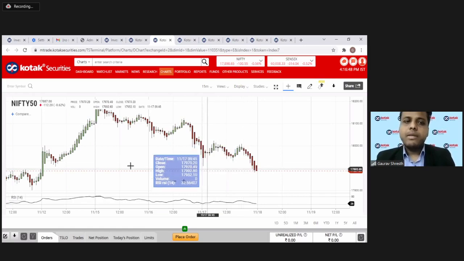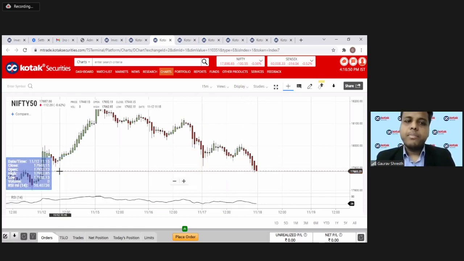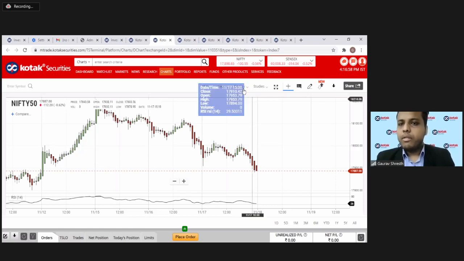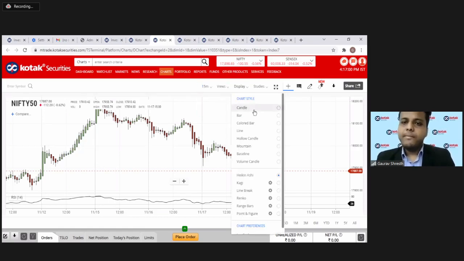Okay. So as you can see in a Heikin-Ashi candle, whenever the bullish movement starts, it goes on for a long time. And similarly, the bearish movement, it's easier to predict the trend. So you have all the facilities available, whether it's a normal candle, a bar, line chart, Heikin-Ashi, or volume chart.